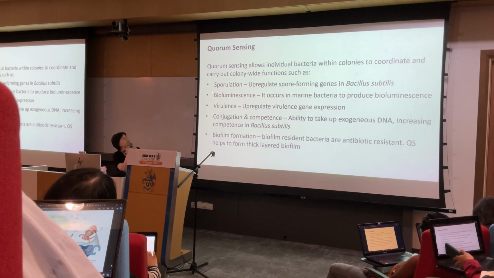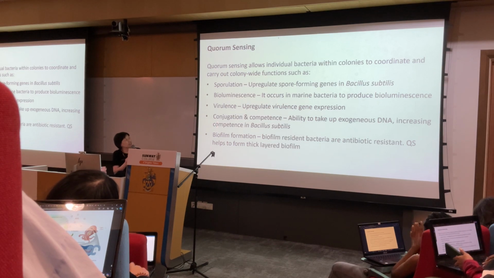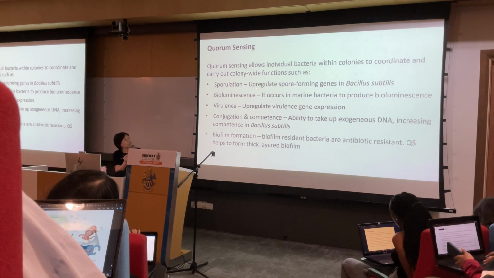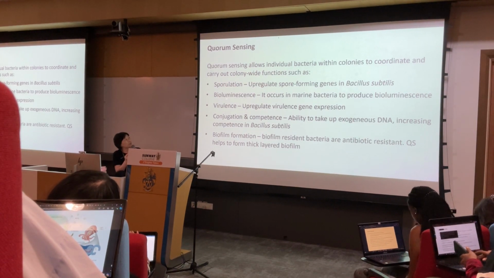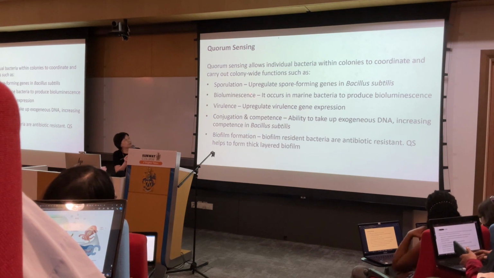Quorum sensing has been found to participate in a few functions. Those are actually survival strategies for the bacteria. They are involved in sporulation; they upregulate a lot of genes to make their spores. They can do bioluminescence, the example given just now.